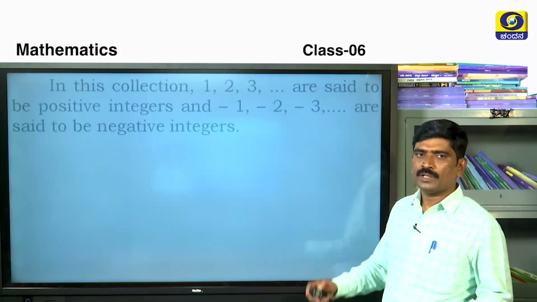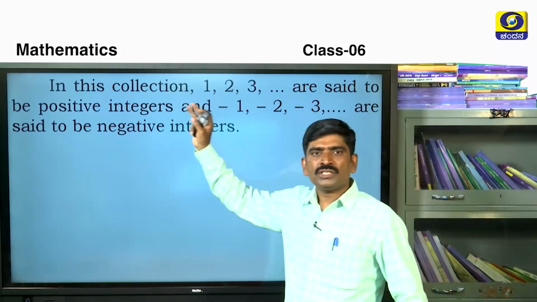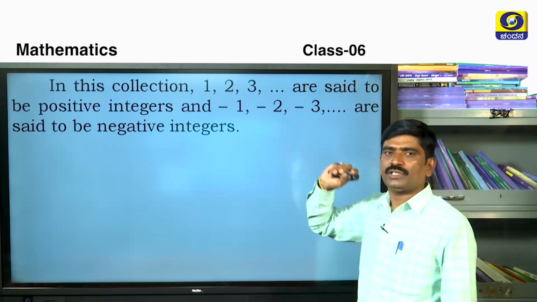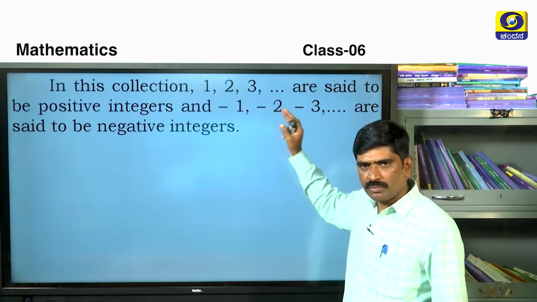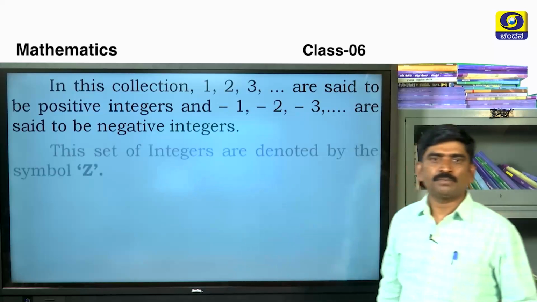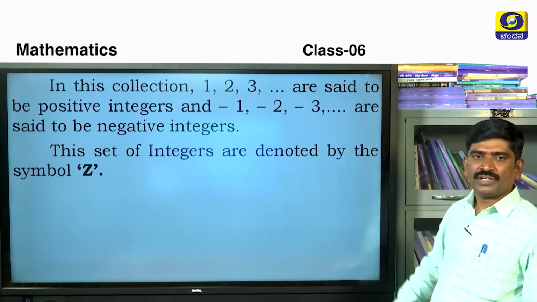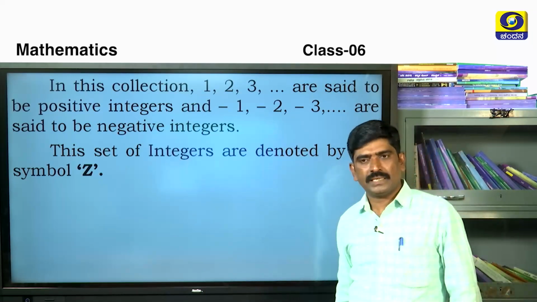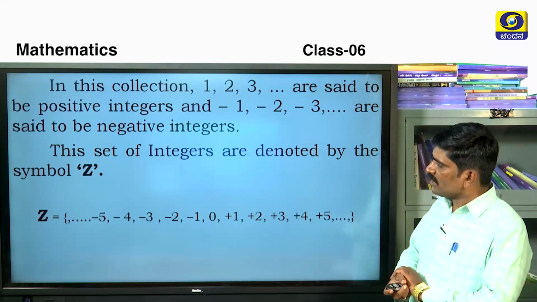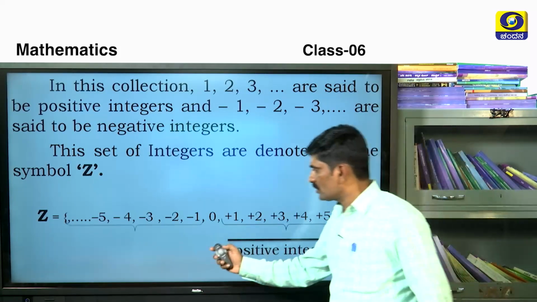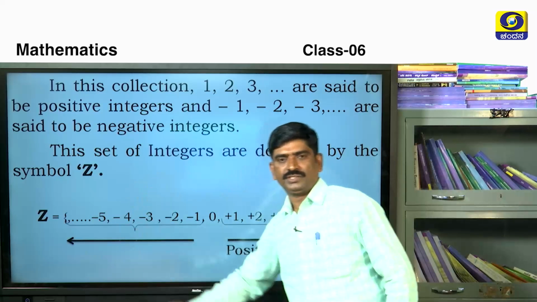Therefore, in this collection, 1, 2, 3, etc. are said to be positive integers and -1, -2, -3 are said to be negative integers. This set of integers is denoted by the symbol Z. Z is equal to these positive integers on this side and negative integers on this side.